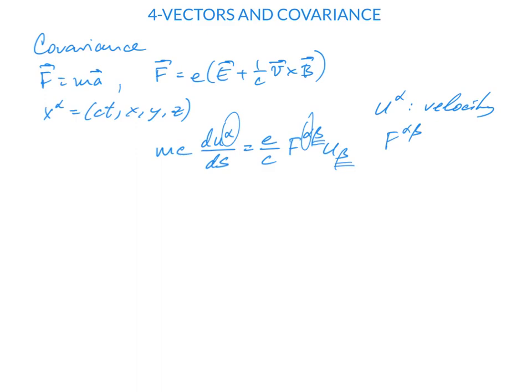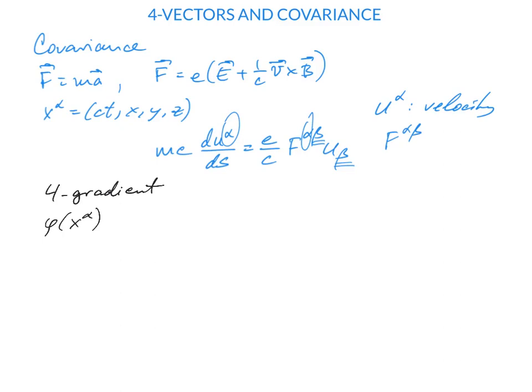The simplest thing one can think of is a 4 gradient. So let's take a scalar function, let's call it phi. And phi is a function of time and space, so we can write phi as a function of x alpha. x alpha, as you remember, condenses the time and space coordinates.